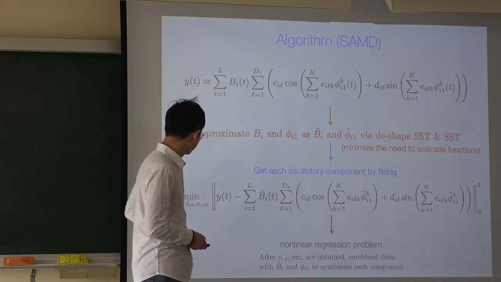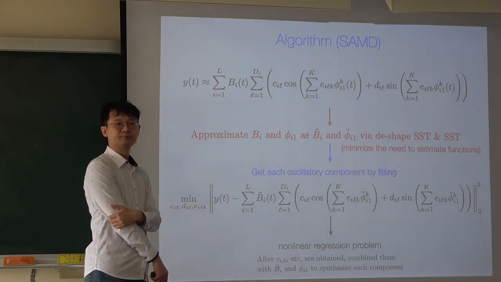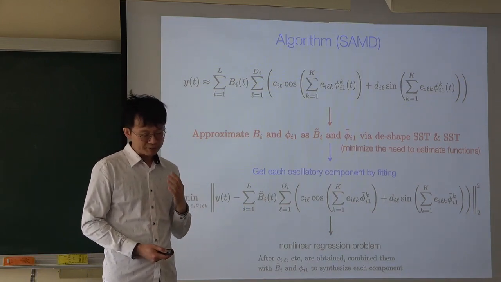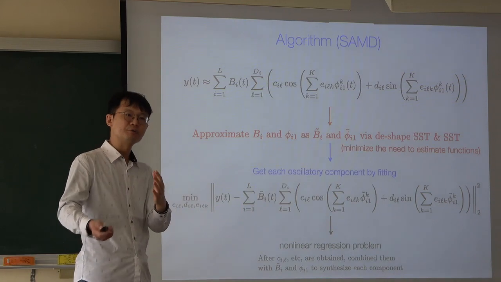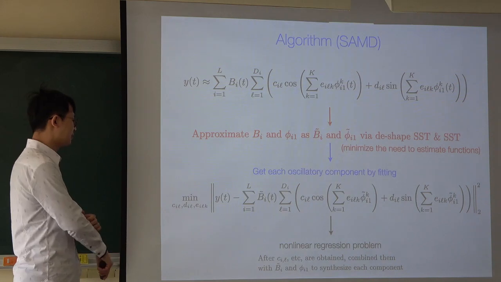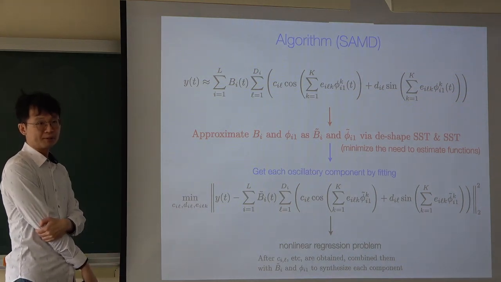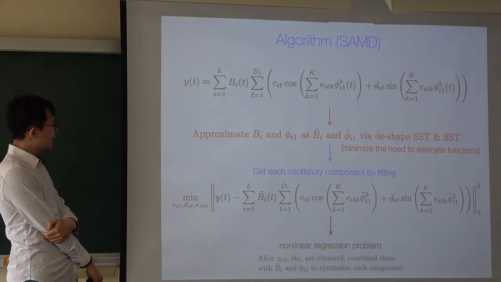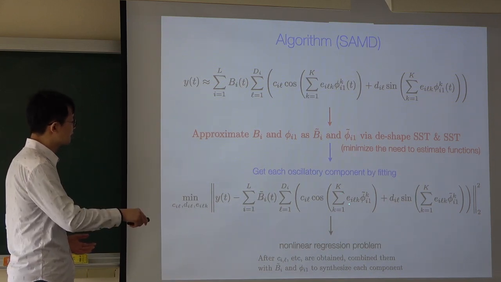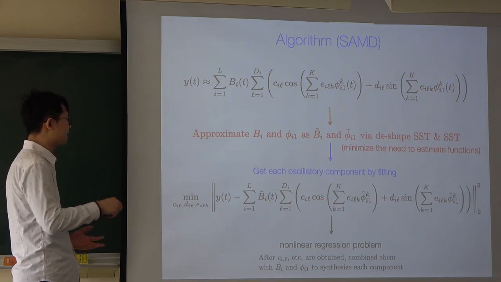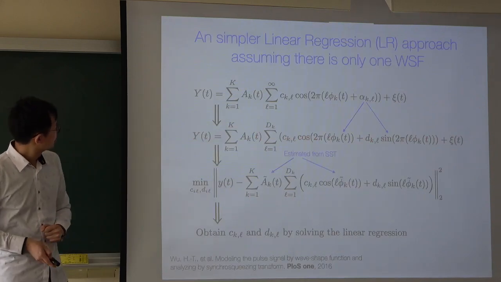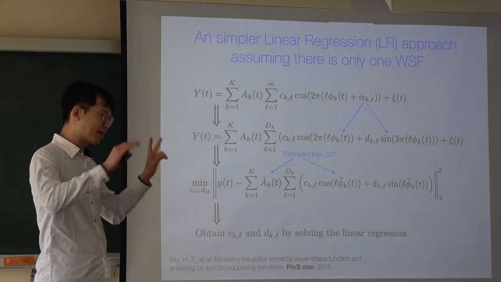Okay, and now we try to fit C, D, E. So we reduce the estimation problem from functional estimation to parametric estimation. And you see there is a very annoying cosine and sine, so that is a nonlinear regression problem. What we need to do is get a nice initial guess for all the coefficients so that we can conquer this nonlinear regression problem, and so on.